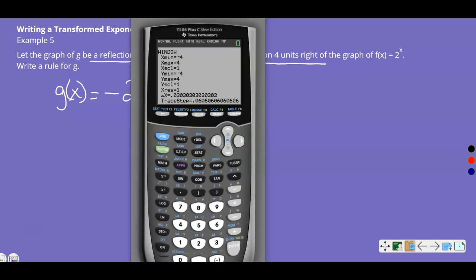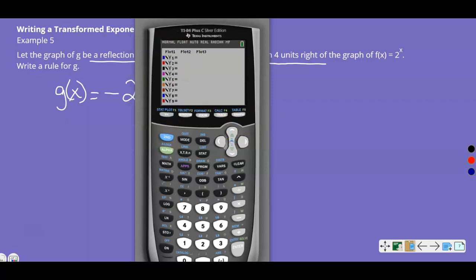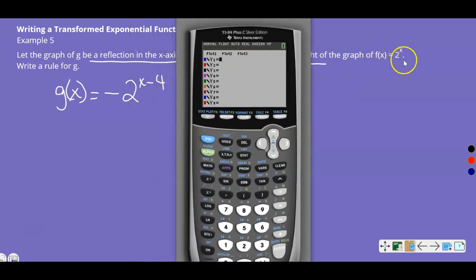Let's go, our x's, negative 4 is probably fine. Let's go to our minimum and maximum. 4 and negative 4, that's probably good. All right, now we're going to graph f of x, which is our parent function. So that's 2 to the x power. So we're going to graph 2 raised to the x power.